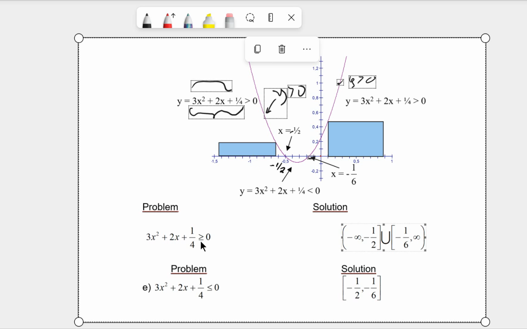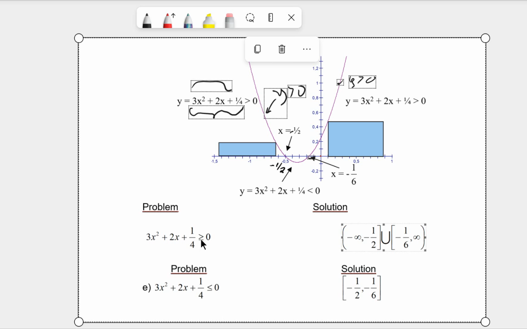But see, there is a difference between our question and the answer, because here it says greater than or equal to. It means that for some x, this may be equal to 0, just here and here. Then this is called a strict inequality. This is a non-strict inequality.